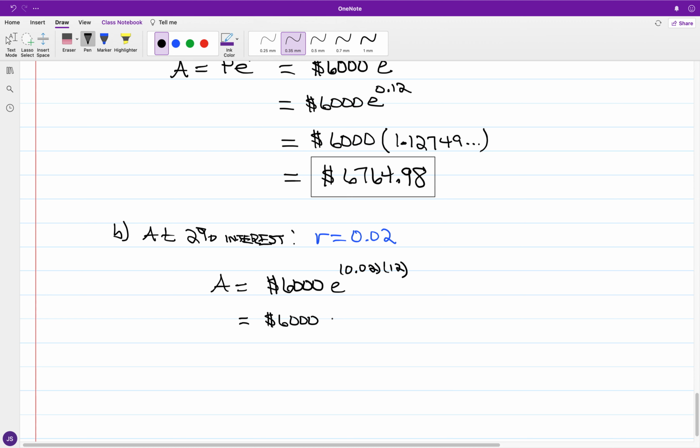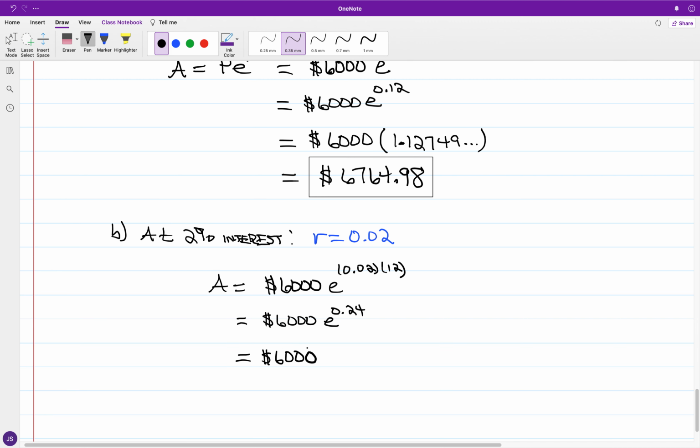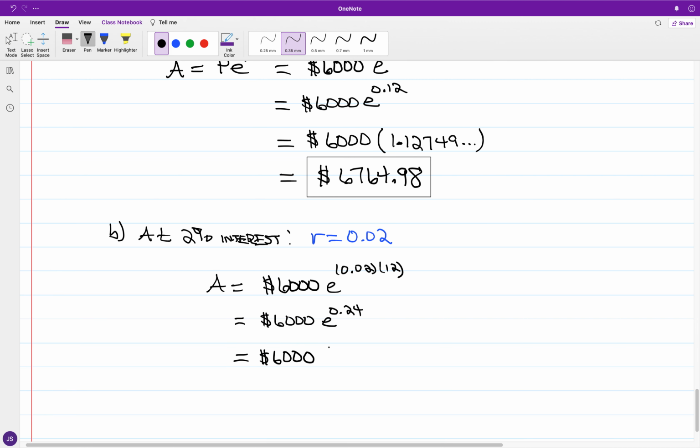And so you have $6,000 times e to the 0.24. And for e to the 0.24, you have over 1.27. I'm just keeping this result and multiplying by $6,000. So we have here about $7,627.49.